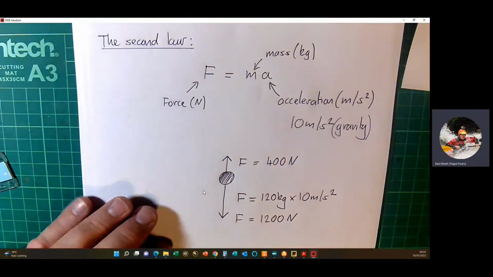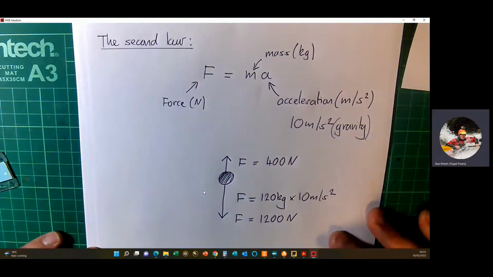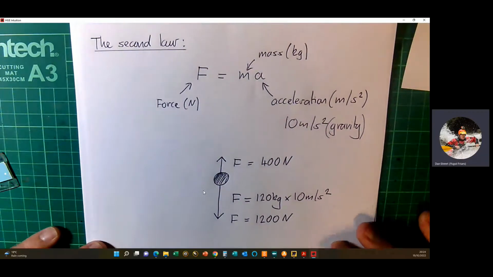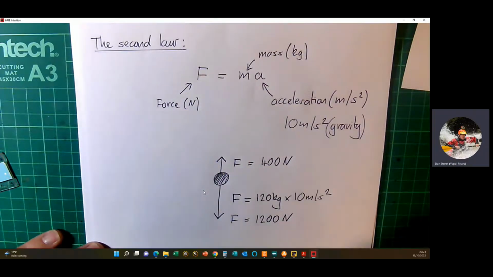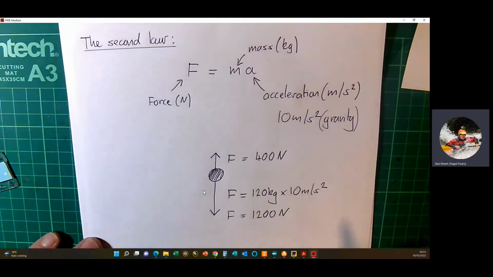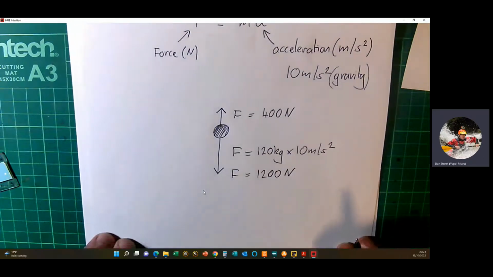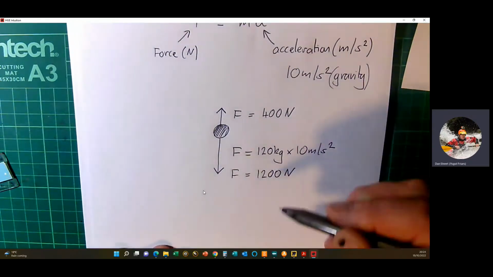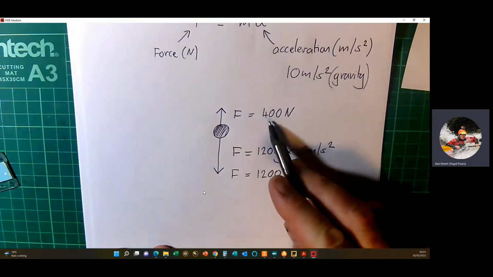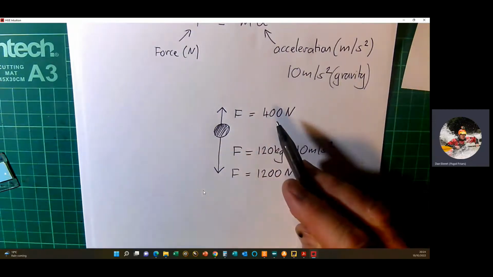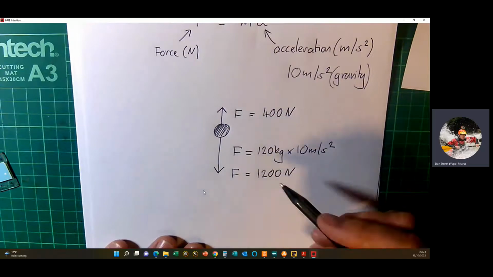Okay, and we can use this diagram to resolve the force that is acting on me. Now, resolve is a fancy word for saying work out the force that's acting on me. Okay, so I'm sure that you can probably see this, but the force that's acting on me is 1200 newtons dragging me down, and 400 newtons is trying to keep me up. The force of the air resistance is trying to keep me up.